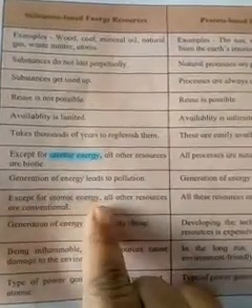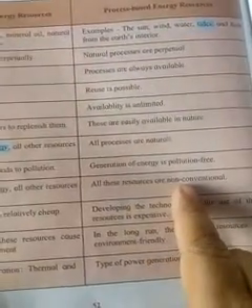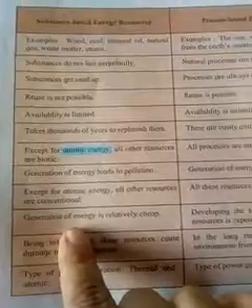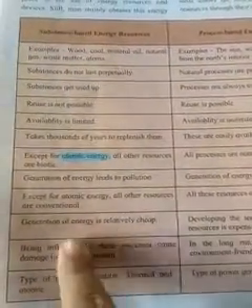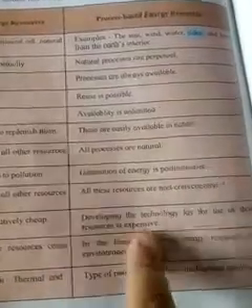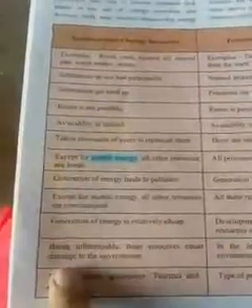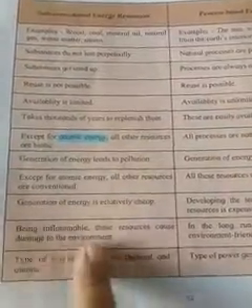Without atomic energy all other resources are conventional, and here all these resources are non-conventional. Here the generation of energy is relatively cheap. Developing the technology for use of these resources is expensive. Being inflammable, this resource causes damage to the environment.